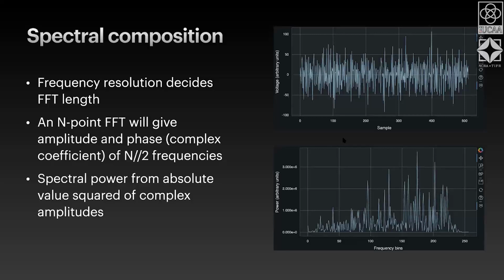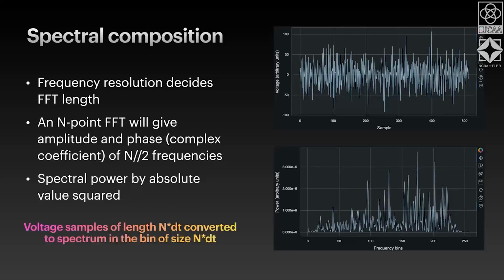All you have to do is take the first 512 points, run the FFT, take the absolute value square, and you can plot 256 frequency channels of this power distribution. Now, what we have done by doing this is that we had initially a time series with a resolution of 30 nanoseconds, which here we are using the variable dt.